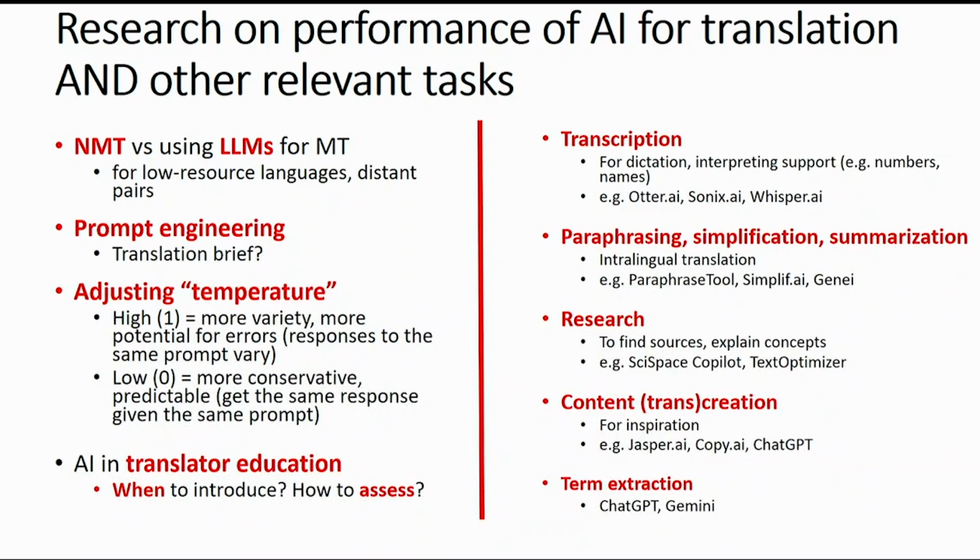So you can think about it as if you asked it the same question multiple times, if the temperature setting is high, it will answer the question in slightly different ways. And if you set the temperature very low, then you should get the same response every time you ask the same question.